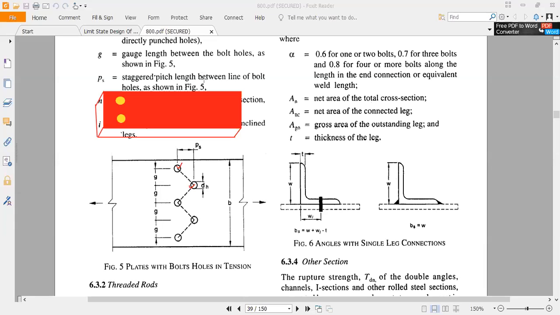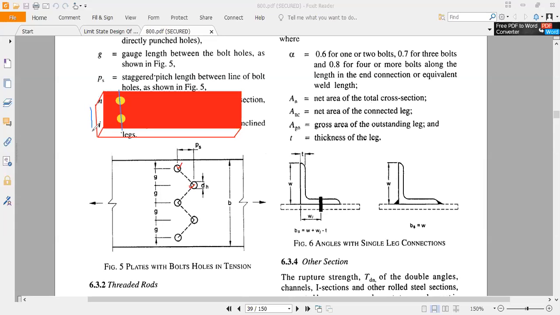Now what I'm saying, if you think that this line will be the critical section, what will be the area of the critical section?